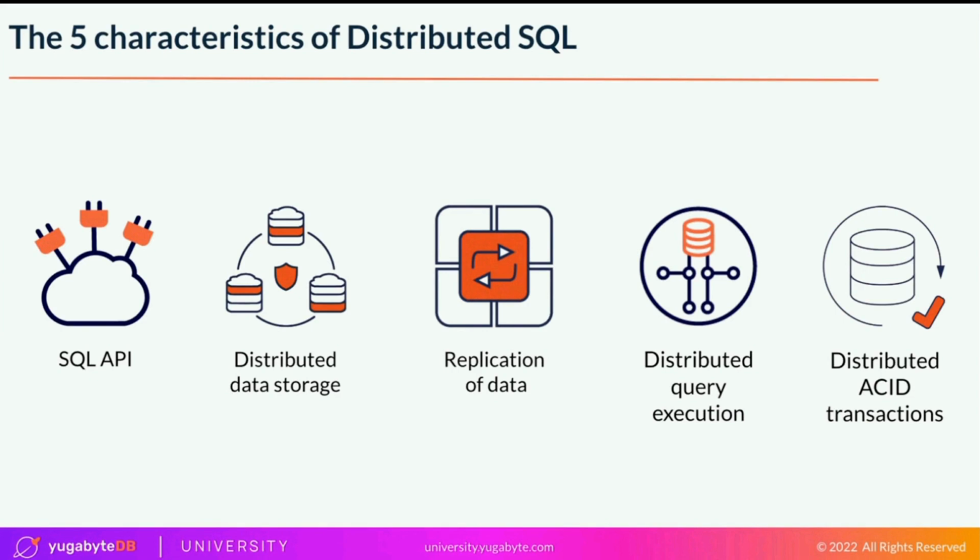That seems pretty self-evident. You need a distributed data storage layer. Then, of course, you need to be able to replicate the data, not just distribute it, but replicate it in order to get that resilience and high availability. Then, of course, we need to have distributed query execution. And like I said before, we're talking about the ability to have distributed ACID transactions. Next slide, please.